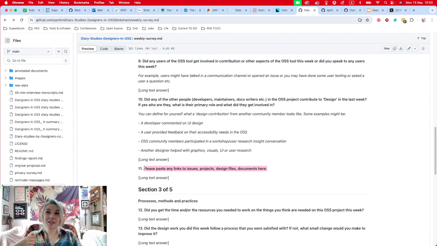It gives us a sense of quantifiable, numbers-based information about how frequently these different designers were working in the open source spaces that the other open source contributors were working in.